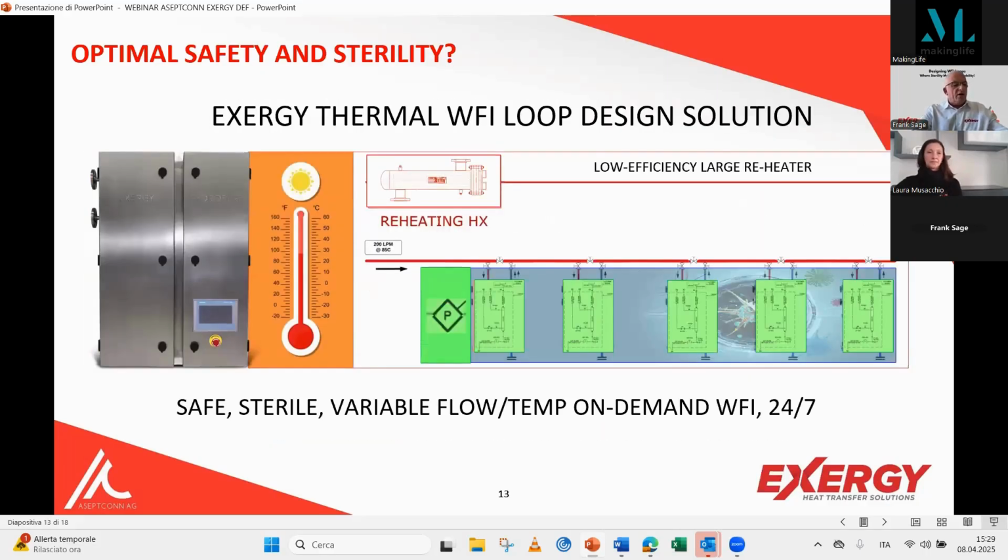So when offline heat exchangers are used to dispense cold WFI at point of use, it takes an average of 8 to 10 minutes from demand to dispense, with significant WFI waste and operator safety to be taken into consideration.